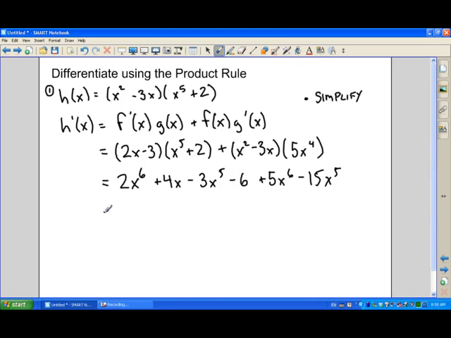And gathering up all my like terms, my final answer is 7x to the power of 6 minus 18x to the 5th plus 4x minus 6.